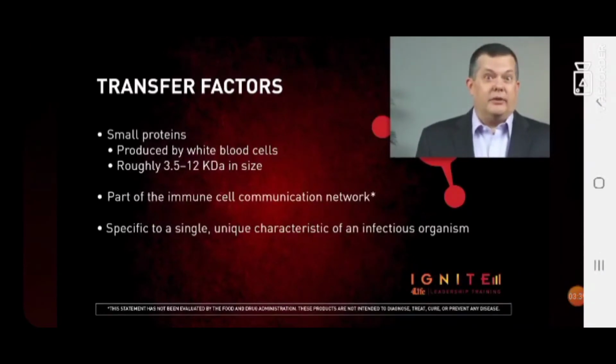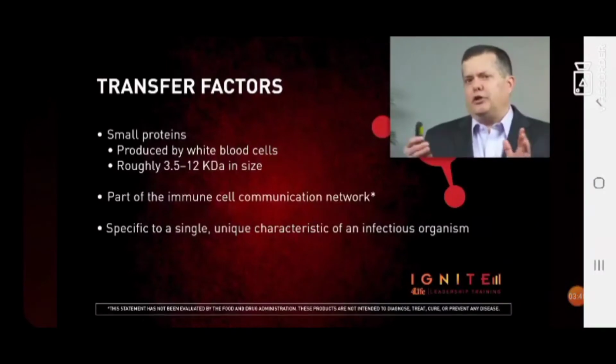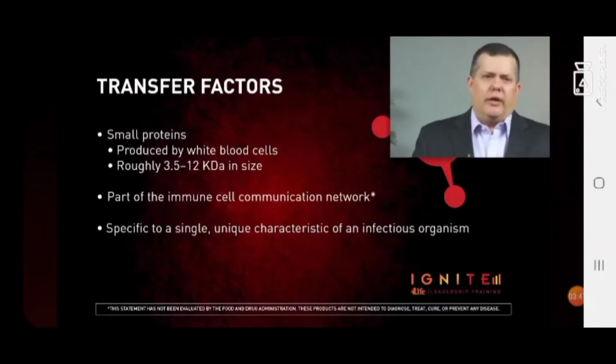So they're a way that the immune cells say, look, this is specifically what you're after. This is what I have seen, what you need to keep an eye out for, what we need to get rid of. And that's different from all of the other things you see, both coming from your immune cells and in terms of immune support products in the marketplace. They're just general, non-specific stimulants.